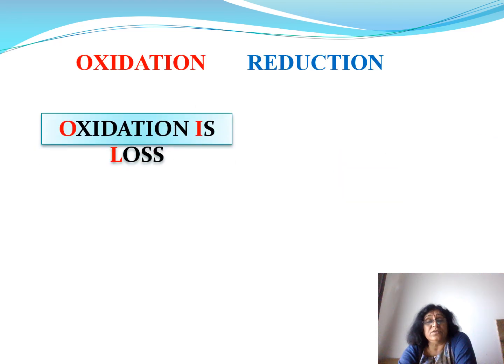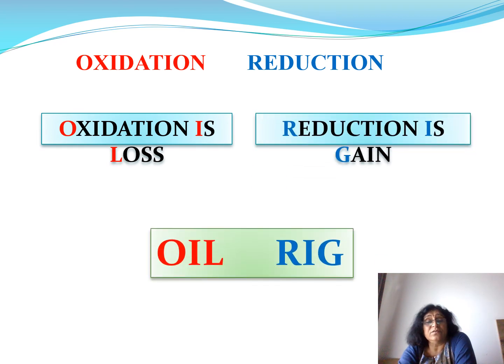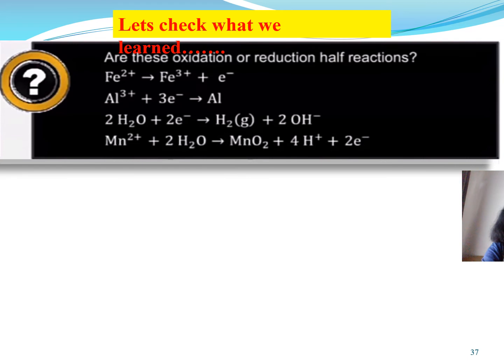So oxidation is loss of electron, reduction is gain of electron. Gain of electron is called reduction and loss of electron is called oxidation. Electrons flow from the oxidation half to the reduction half.